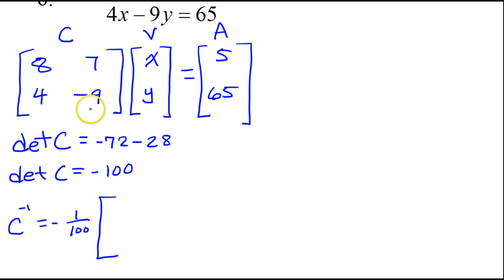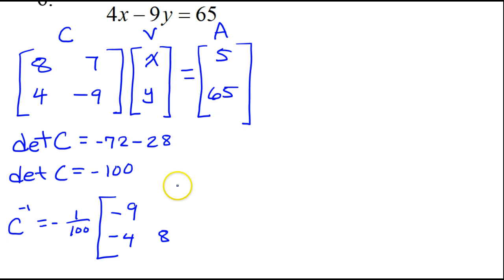And you multiply that by a very special matrix that you get by reversing and negating the diagonals of matrix C. You've got to reverse, negate, reverse, negate. When I say reverse, I mean the down diagonal: these numbers must be reversed. So this is going to be -9 here and 8 here. When I say negate the up diagonal, these numbers are not going to move, they're just going to change signs.